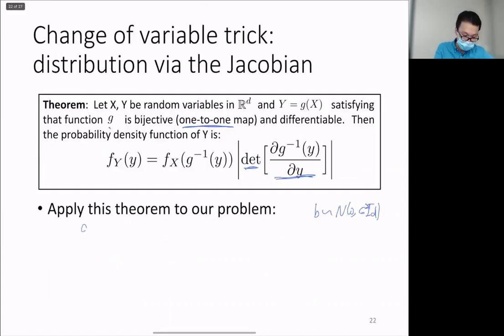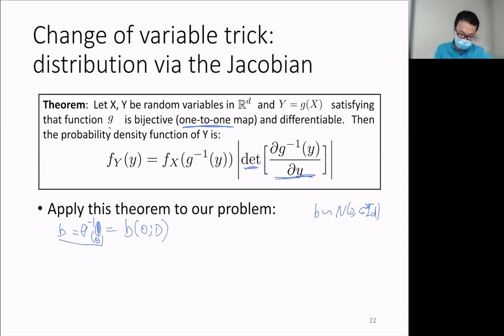So g inverse is b(theta given D). It requires us to take the Jacobian of this g inverse, take the determinant, and then we can work out what this f of y is.